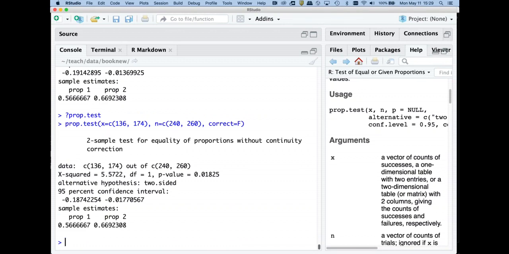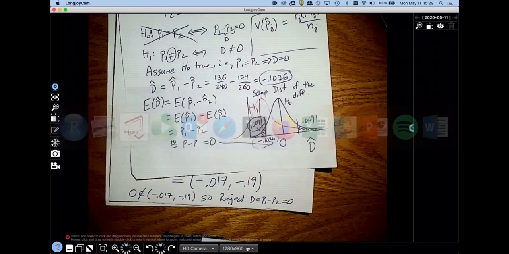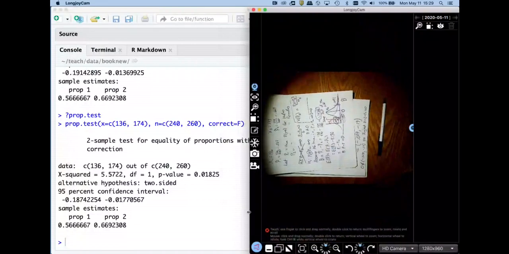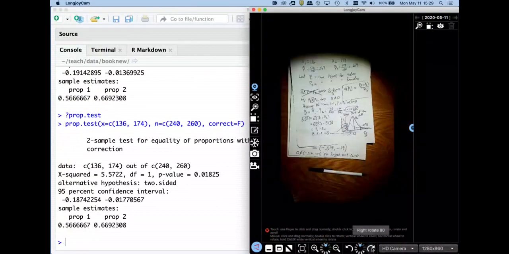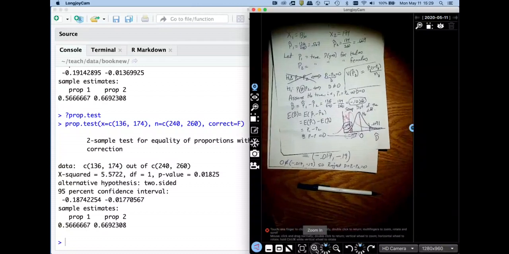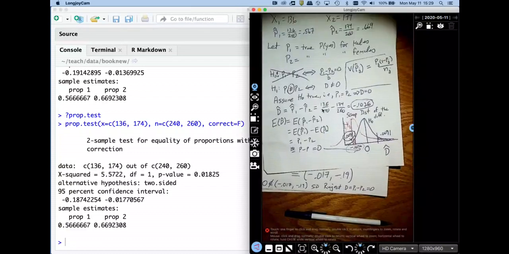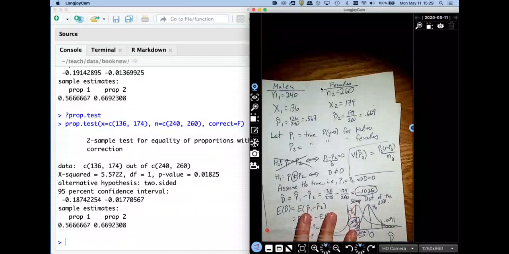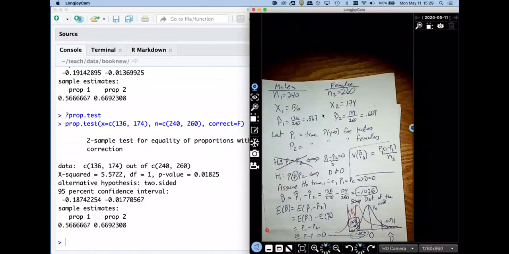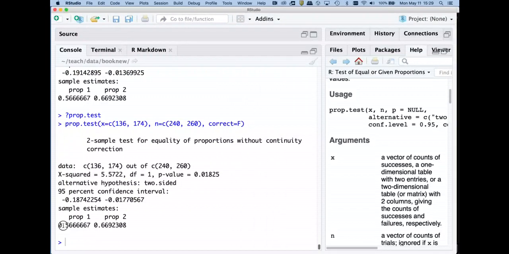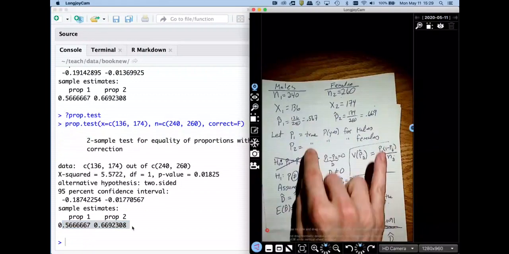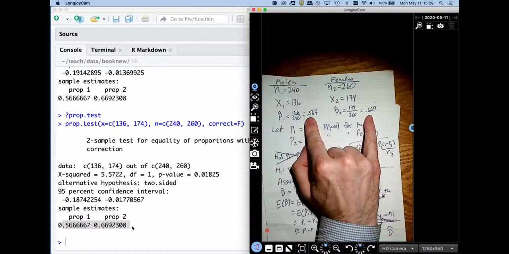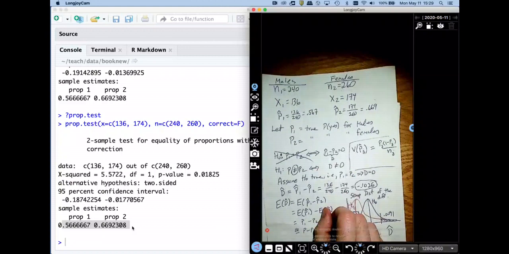And so what we see here, I'm going to bring up my document camera and show what we had here. We have our two proportions down here, and those are the two proportions that I computed up here. Then you'll see it doesn't give us the difference.